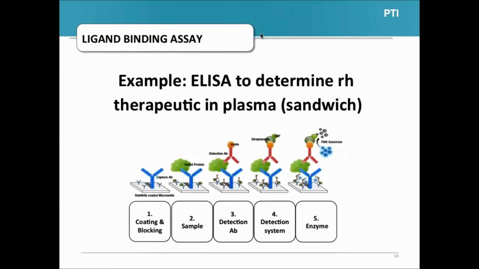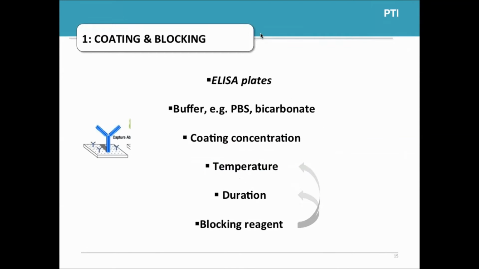You will add your sample, you have a detection antibody, you will have a detection system, and you will have to add your enzyme in order to be able to read out your system. And each of these aspects needs specific consideration, which are all addressed, but for the sake of today, we will actually focus on something that is, well, sometimes taken for granted, and these are the ELISA plates.